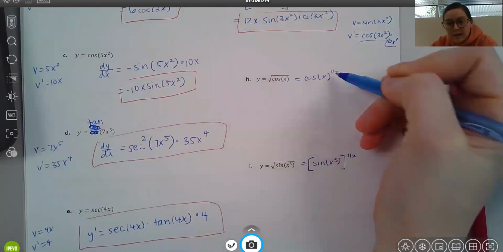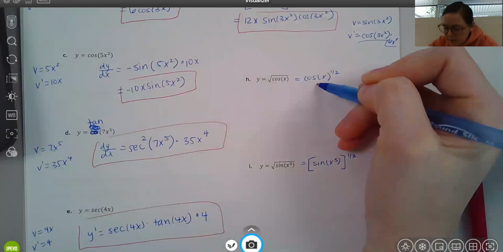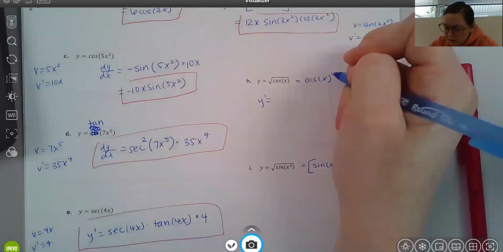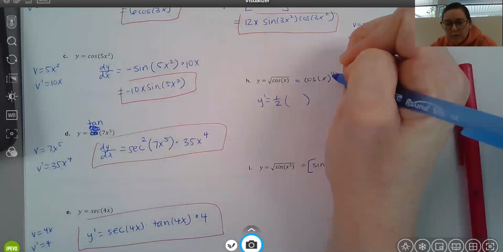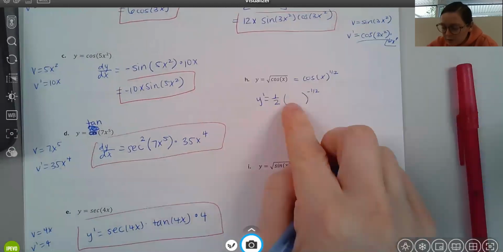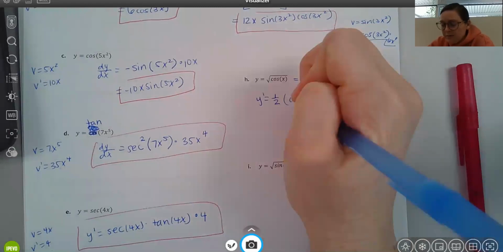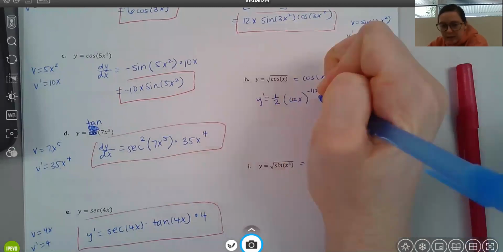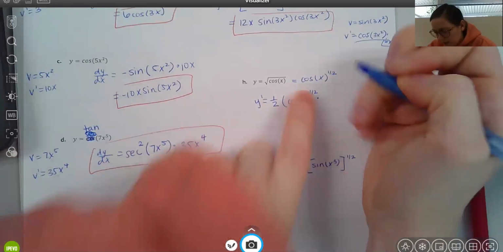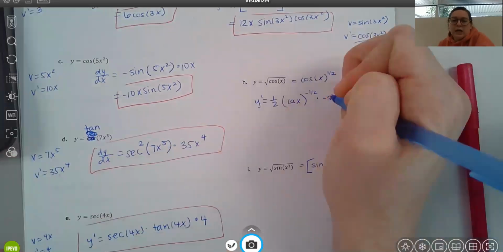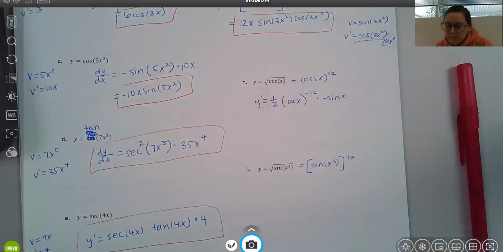So my inside is cosine, my outside is the 1/2. The derivative would just bring the 1/2 down, subtract 1, which gives me negative 1/2, and I'm leaving the inside alone, which is cosine. Then I need to multiply by the derivative of the inside, which is negative sine, because the derivative of cosine is negative sine, and then take a second to rewrite.